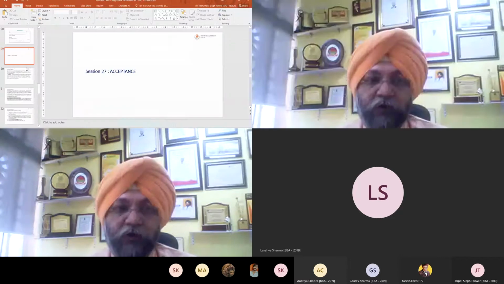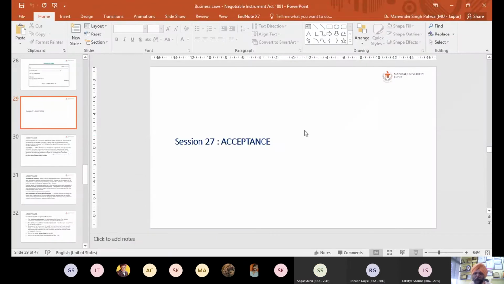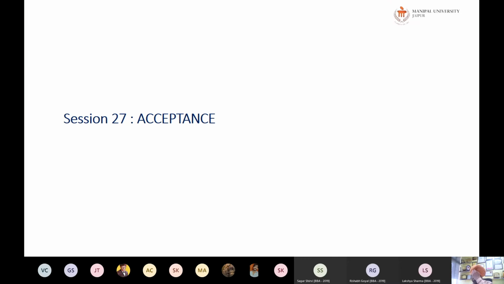So yesterday we studied about the bills of exchange, and we studied three types of negotiable instruments, which are given under sections 4, 5, and 6 respectively. They are the promissory note, bills of exchange, and cheque. Cheques and bills of exchange are not much different, because cheques are bills of exchange drawn on the banker.